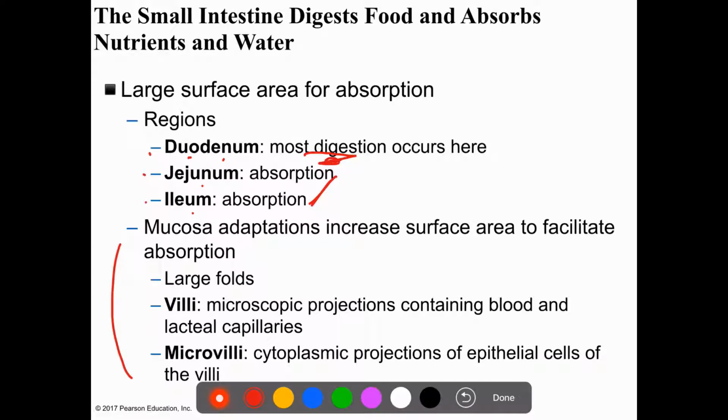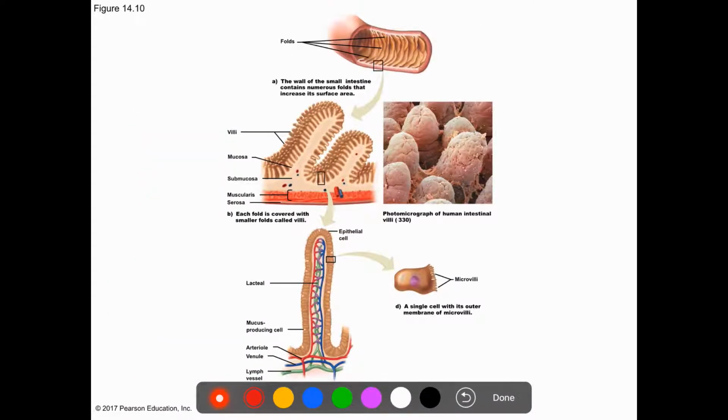Now, as we said, the small intestine is mainly for absorption. So it has large surface area for absorption. And this large surface area is being made through adaptation in the mucosal layer, which again increase the surface area to facilitate absorption. So what are these adaptations? The first one is the large folds.